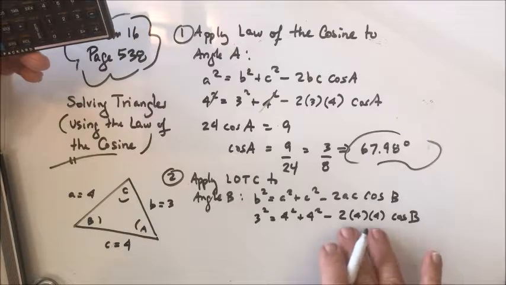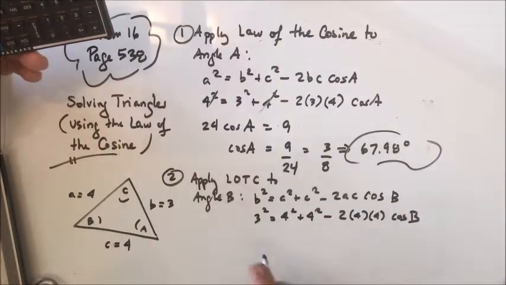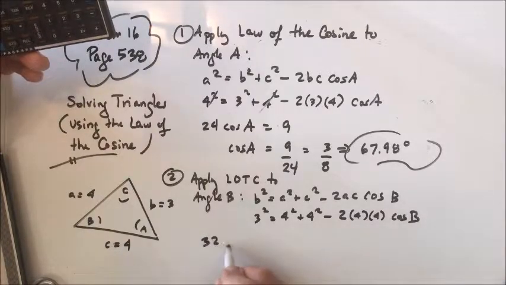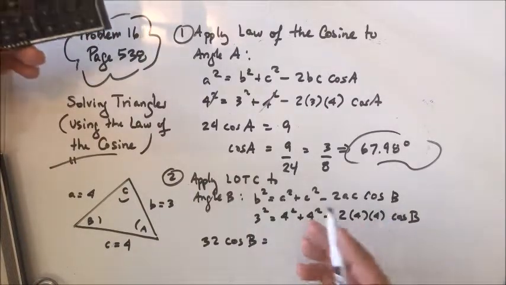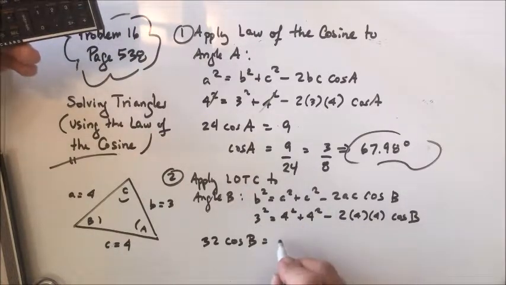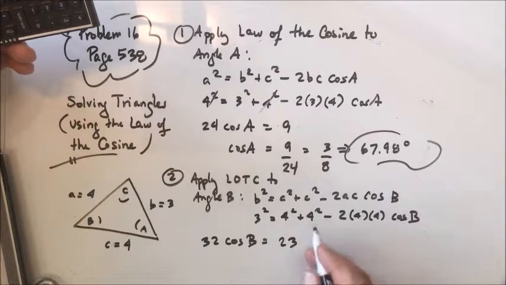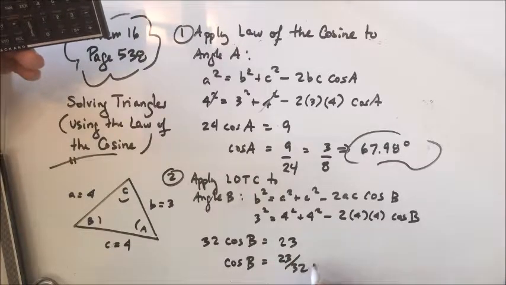I'm going to put the 2 times 4 times 4, the 32 cosine B, over here, and the 9 over there. This is 16 plus 16 is 32. 32 minus 9, I used to be able to do that. Is that 23? I think it is. So cosine of B is going to be equal to 23 over 32.